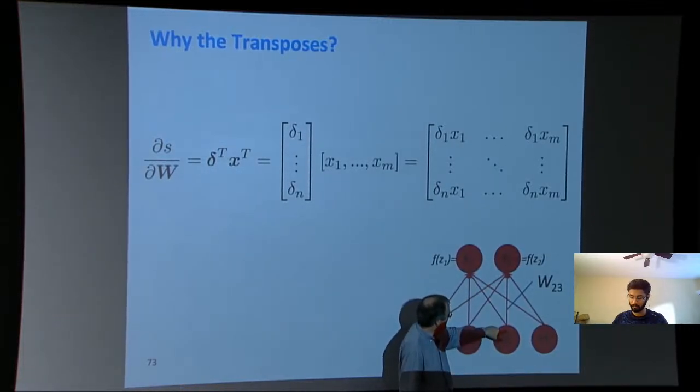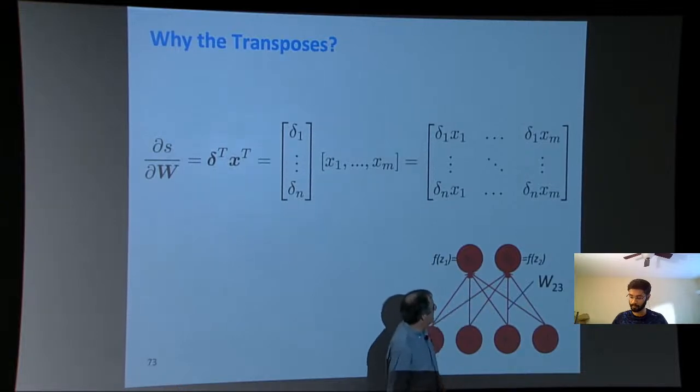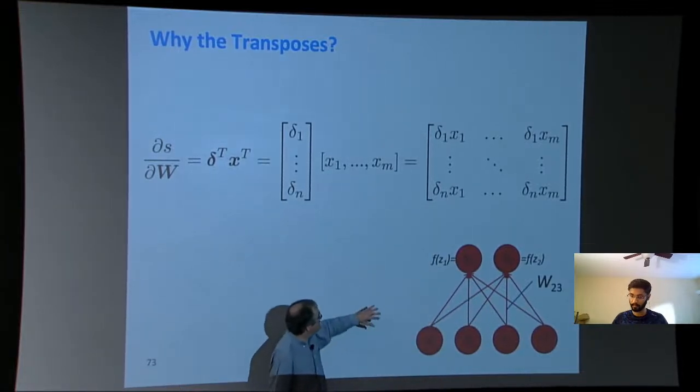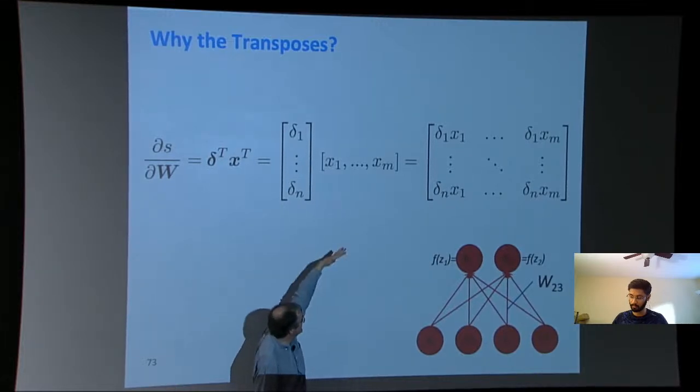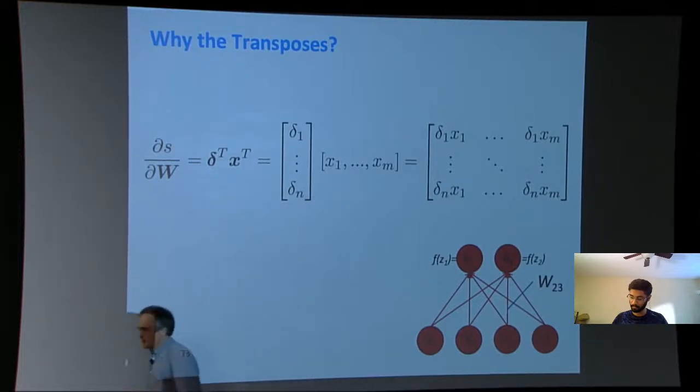So we're making this n by m matrix of our partial derivatives, each of which is the product of the error signal for the appropriate output multiplied by our input, and those give us the partial derivatives.